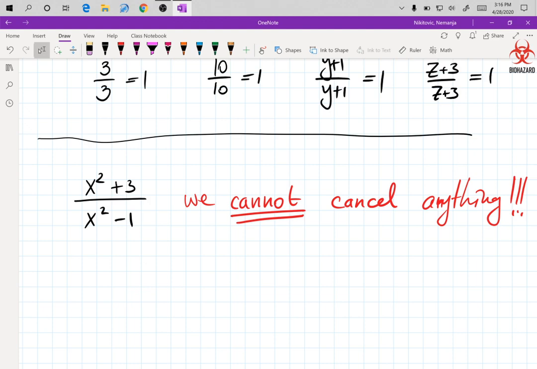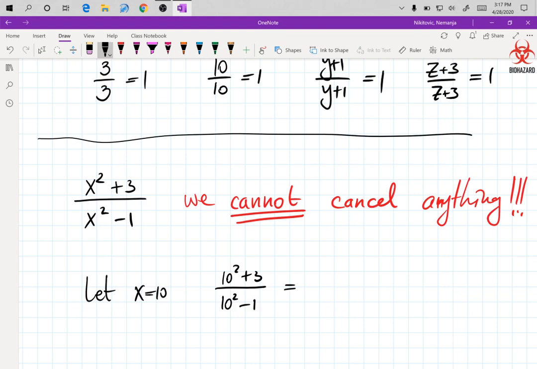You can try this to prove it. Say x equals 10. What do you get? In this case, you will get 10 squared plus 3 divided by 10 squared minus 1.